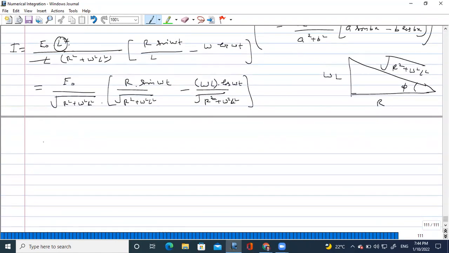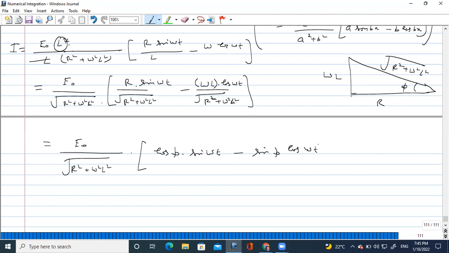So it will be E0 by under root R square plus omega square L square, into this R divided by under root R square plus omega square L square, that will give you cos phi, sin omega t, minus this omega L by this much, it will give you sin phi cos omega t.